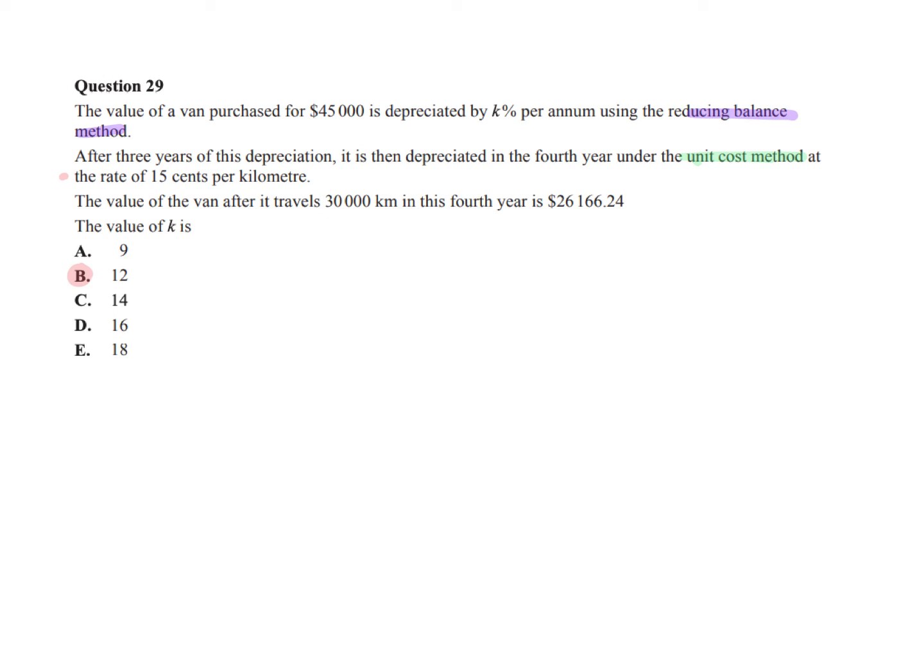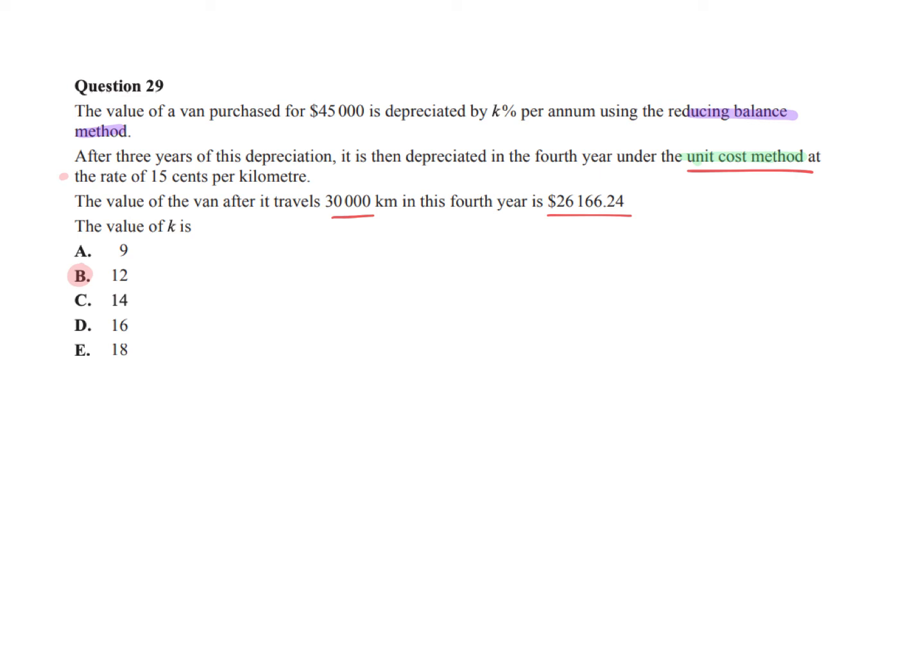All right, so what we're going to do is use the unit cost. We're going to go backwards, okay? So if we go and get the unit cost formulas, just in case you need a little bit of help here.